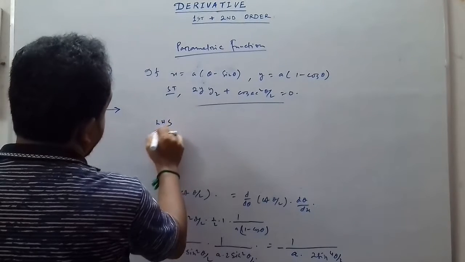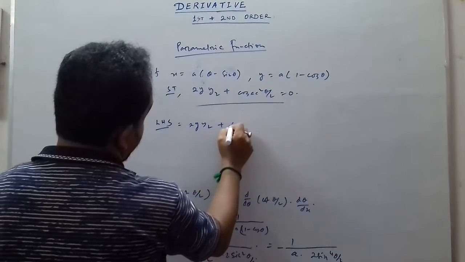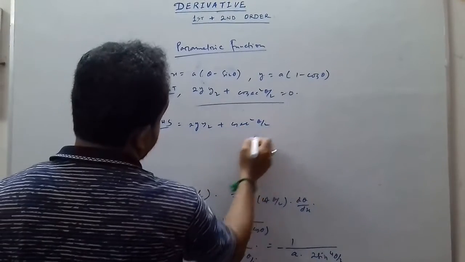My left hand side is equal to 2y into y2 plus cosec square theta by 2.